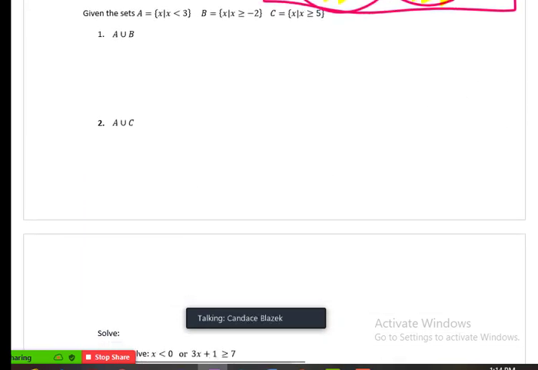Now we use the same approach with our inequalities, and so we will use a number line, because I see it's A union B. I'm going to graph these numbers on the same number line.